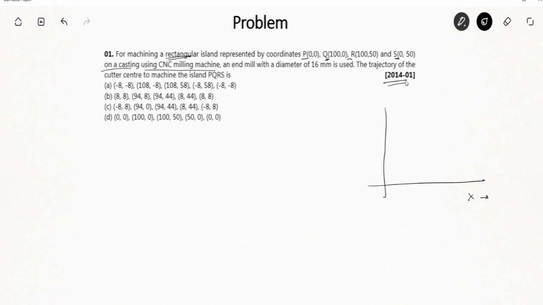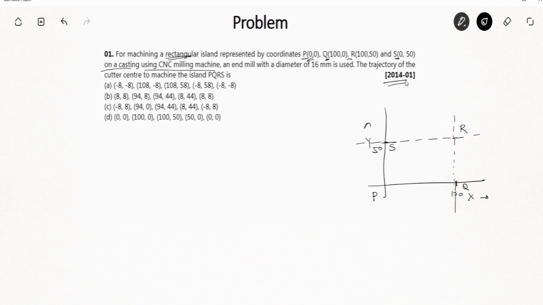So let's say this is X axis, this is Y axis, this is point 100 and this is point 50. So this is point P, origin 0 0, Q is 100 comma 0, so this is Q. R is 100 comma 50, so this is R and this is S.